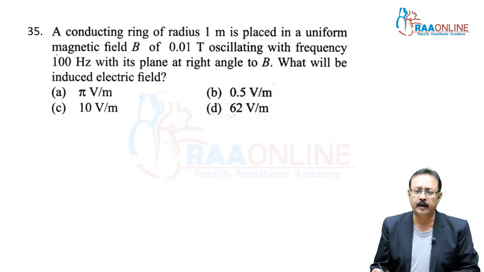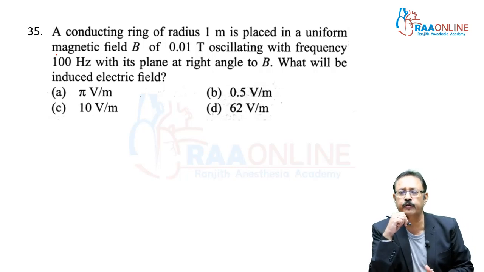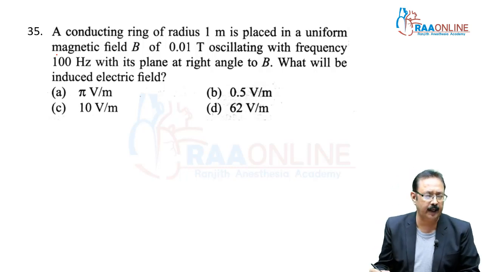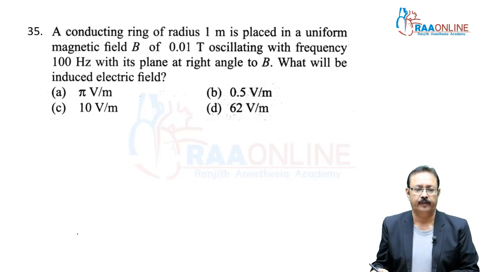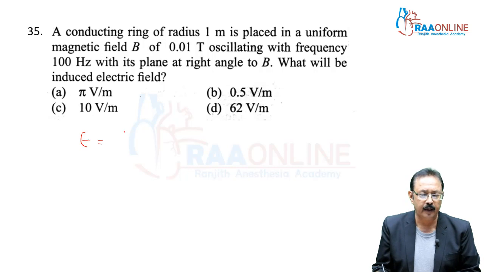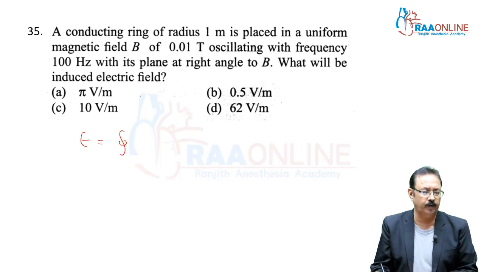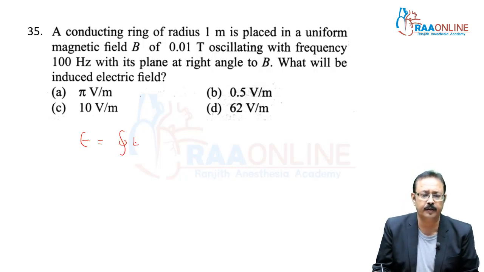35. A conducting ring of radius 1 meter is placed in a uniform magnetic field B of 0.01 Tesla, oscillating with frequency 100 Hz with its plane at right angle to B. What will be the induced electric field? We know about induced EMF. What is induced EMF in this case? It is the line integral of E dot dl.